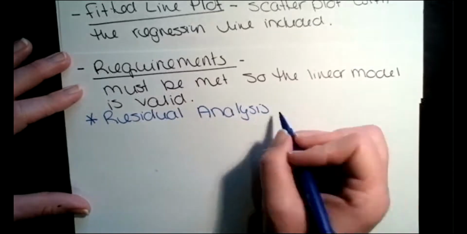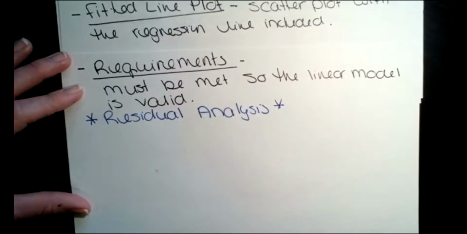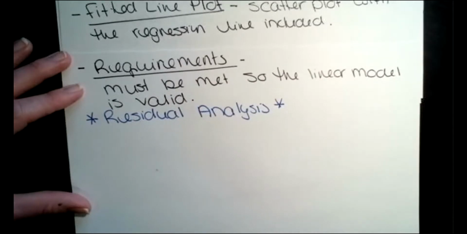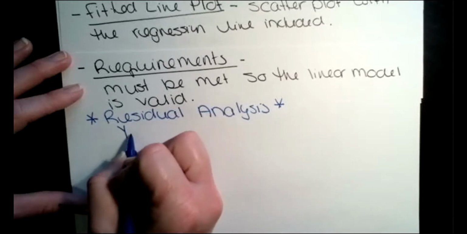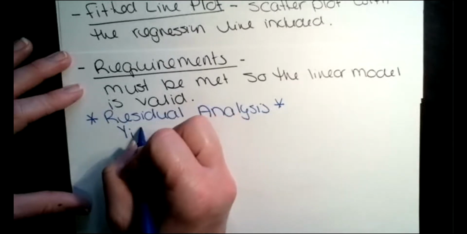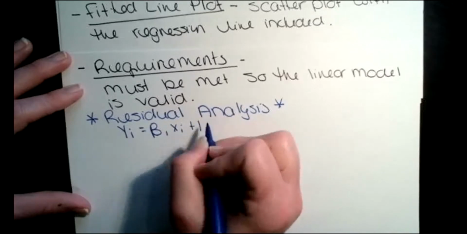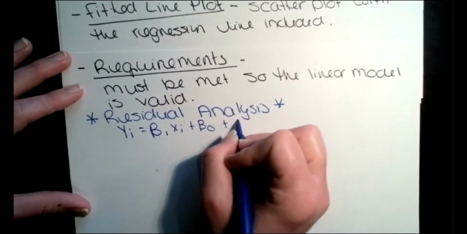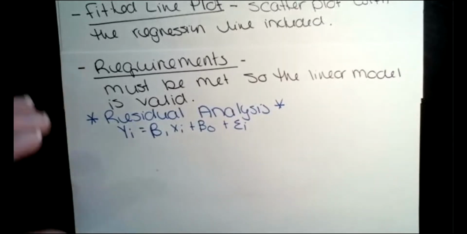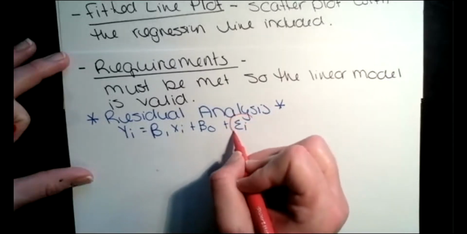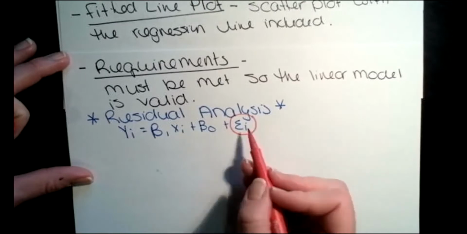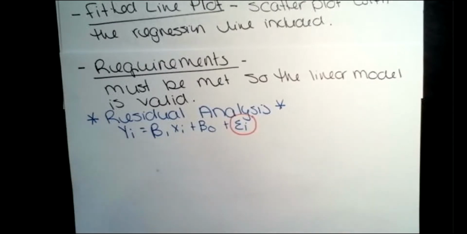So this is called residual analysis, okay? I want you to recall that population line I gave you, and think about epsilon here. The requirements are based on the epsilon. That's our error term, okay?